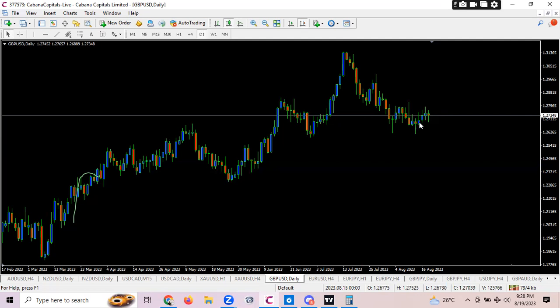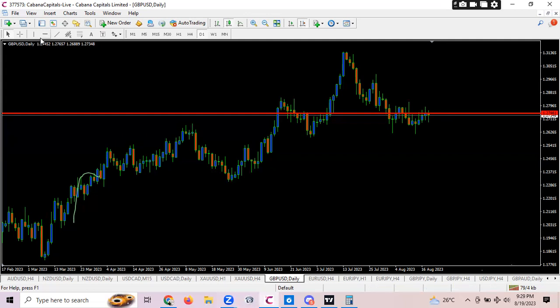So we have 1, 2, 3, 4, 5, right? Yes, sir. So this will be our resistance. But when trading resistance and support, you should always treat it as a zone, not just a level. Okay.